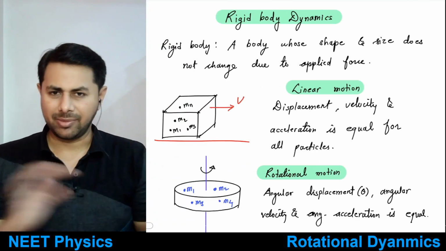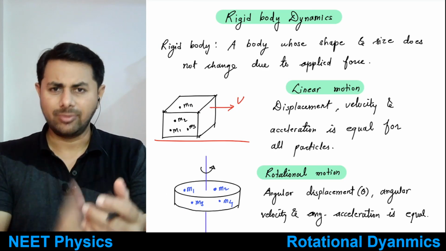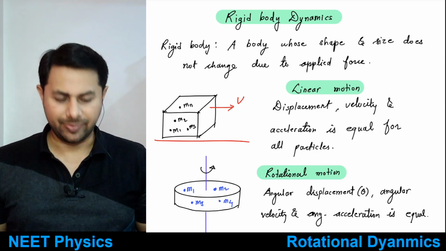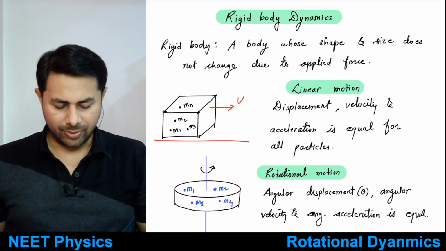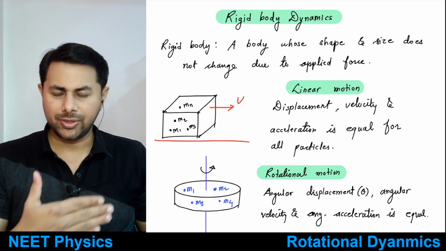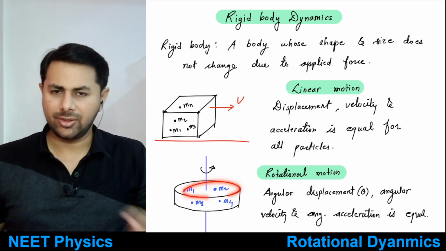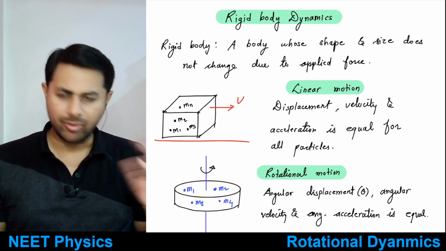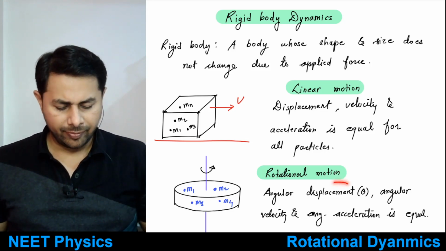Otherwise the same thing happens, that some particles will move ahead and some particles will be left behind and the body will get distorted. So that thing won't happen. So we'll consider that the velocity of all particles, if they are moving in straight line motion, is the same, and the angular velocity of all particles must be the same if they are moving in angular motion, that is rotational motion.